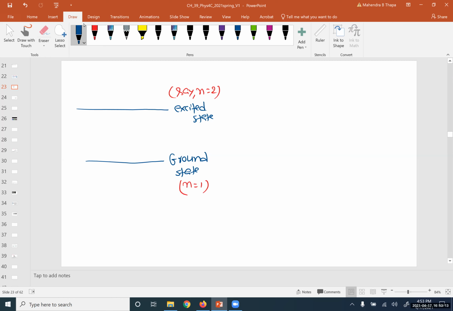If the electron is in the excited state, then if the electron jumps from the high energy level to the low energy level, it will emit a photon of frequency f. Okay, this is the energy of the photon.